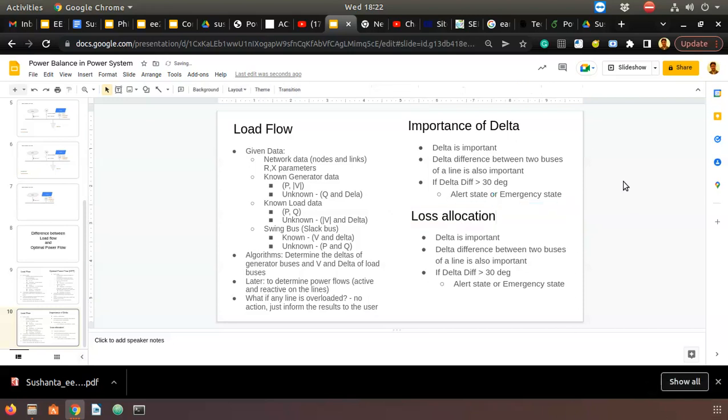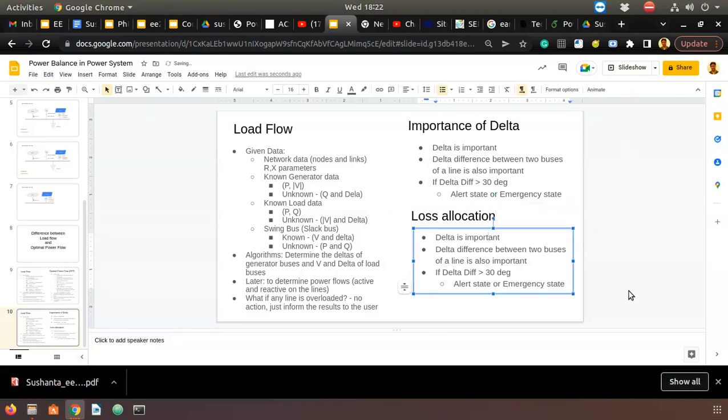Let me say, in a system finding V and angle, let total generation be 1150 kilowatt and total load be 1100 kilowatt.